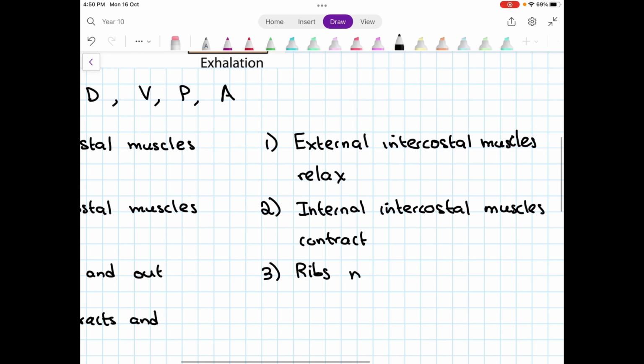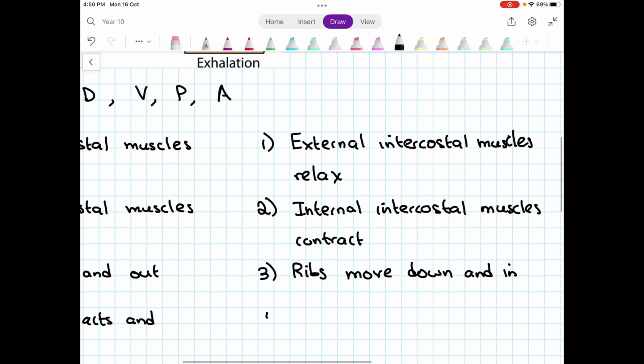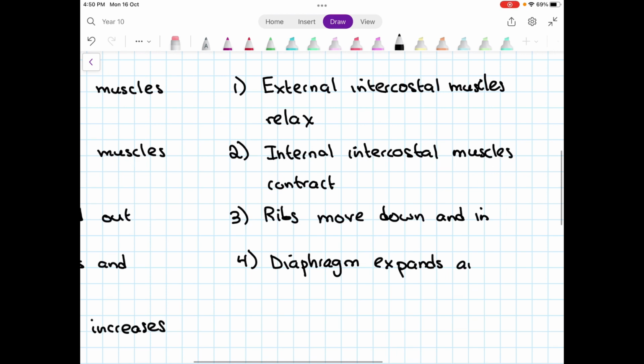The ribs move downwards and inwards. The diaphragm expands and moves upwards. I think a better word to use would be relaxes.